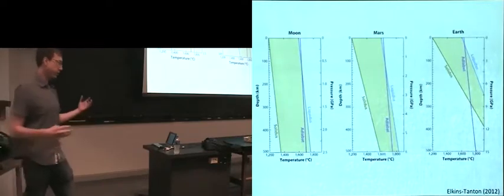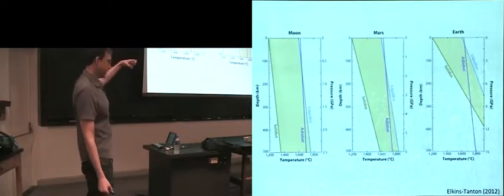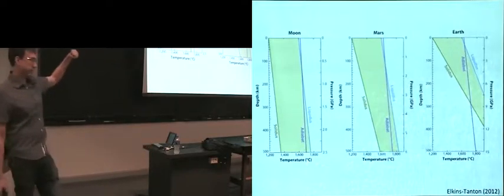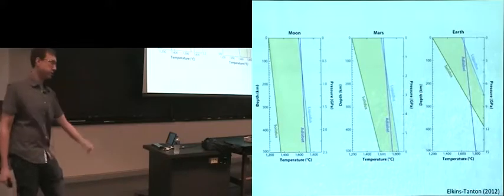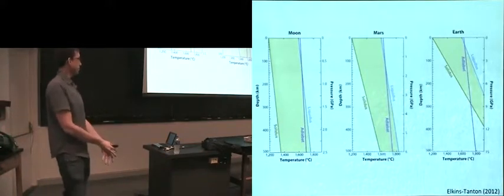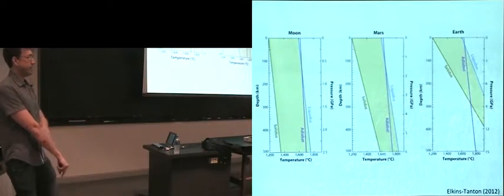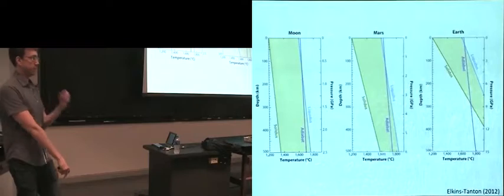As you're cooling on the surface, you make material that is colder, it becomes denser, and it wants to sink. Stuff at the bottom is hotter, so it's less dense, and so it wants to float. And this is happening, and it is going to try and get everything to the same temperature.